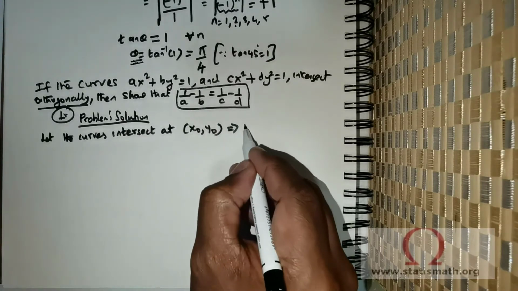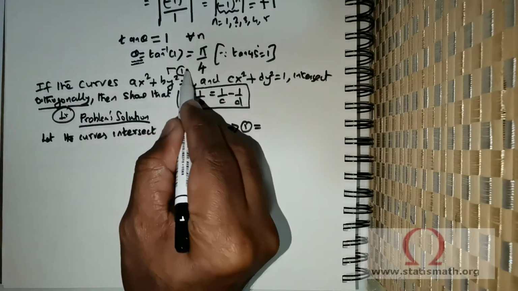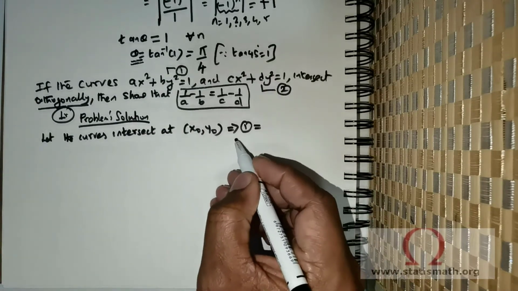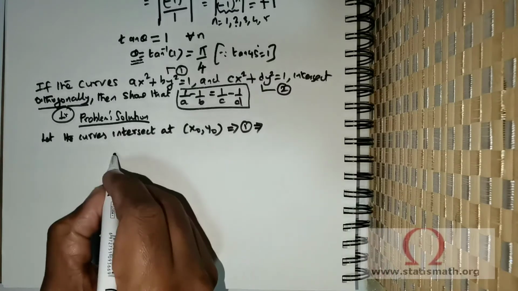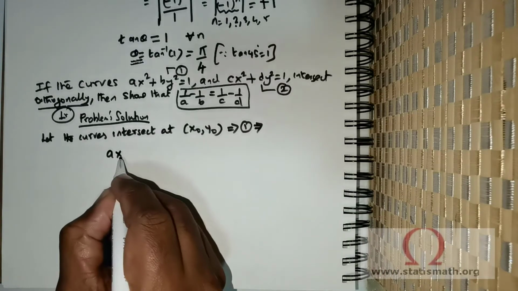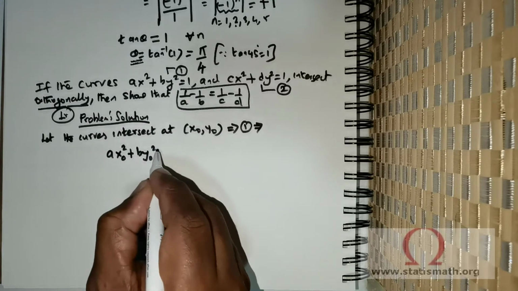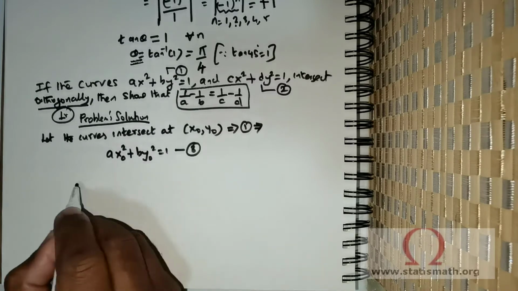I'm going to take this as equation 1 and this as equation 2. Equation 1 can be rewritten as a x0² + b y0² = 1. I'm going to name this equation 3.